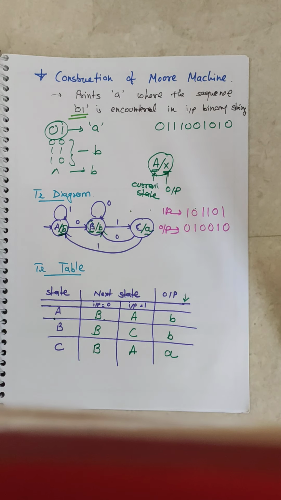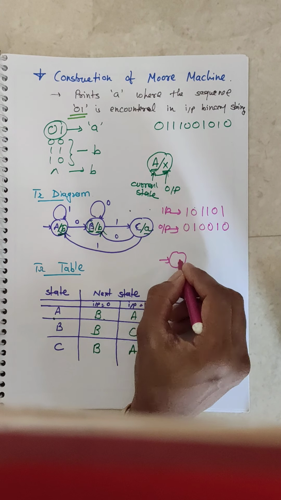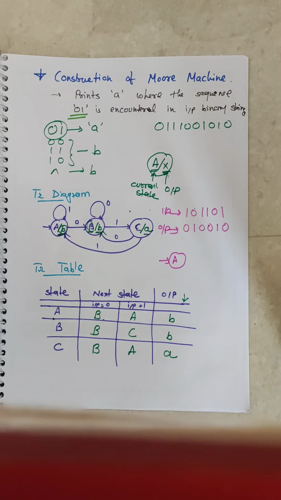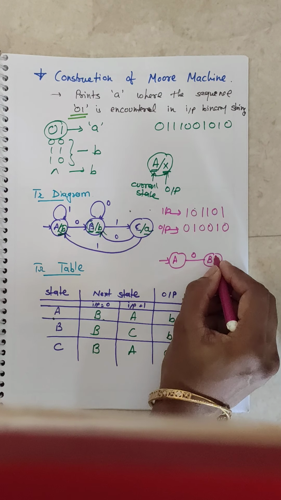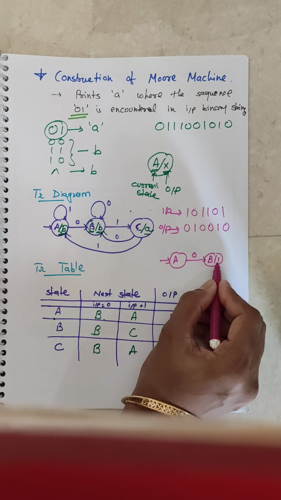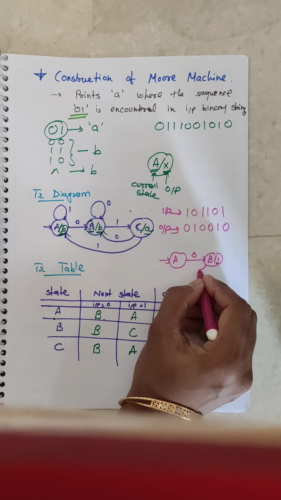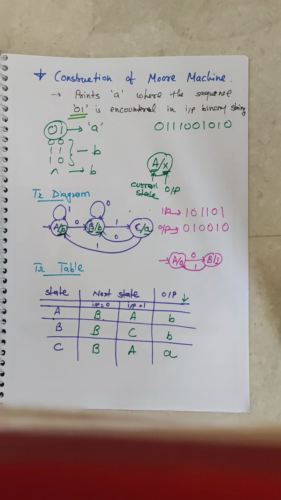How do we construct it? Initially we make a state A. If we give the input 0, then the output is 1. If we give the input 1, then the output is 0.